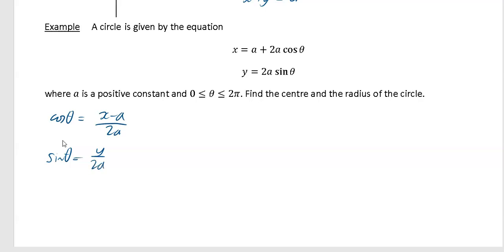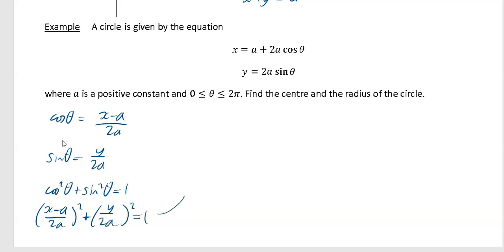And then again, all you're doing is writing down cos squared theta plus sine squared theta is equal to 1. So in this case, that's going to be x minus a all over 2a, and that's all squared, plus y over 2a, and that's all squared, is equal to 1.